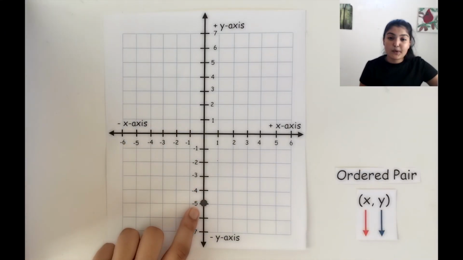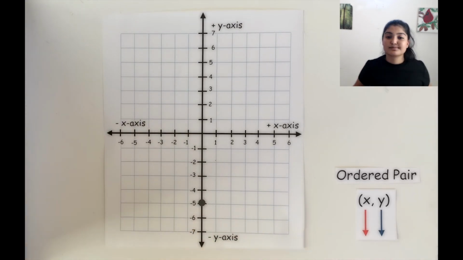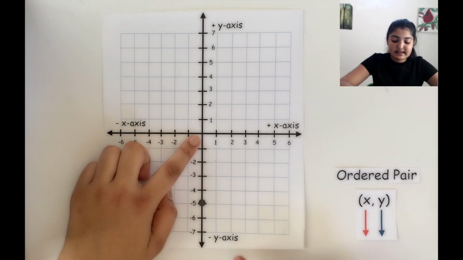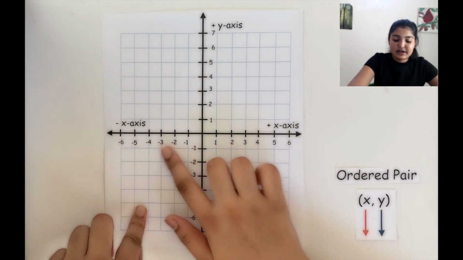Now, let's look at a point that is plotted on the negative y-axis. Here's a point plotted on the negative y-axis. So, what's its ordered pair? Since this point is on the y-axis, we do not move any horizontal distance from the origin.